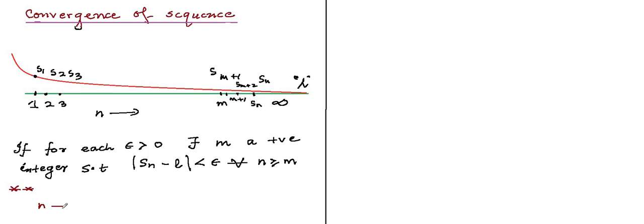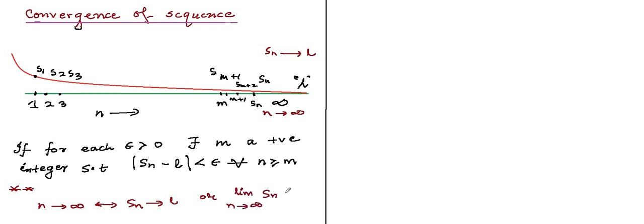If n tends to infinity, you can see that n is approaching infinity, then the whole Sn value is approaching L. So we can say when n tends to infinity, Sn tends to L. Or we can say that the limit as n tends to infinity of Sn is equal to L. This is important.